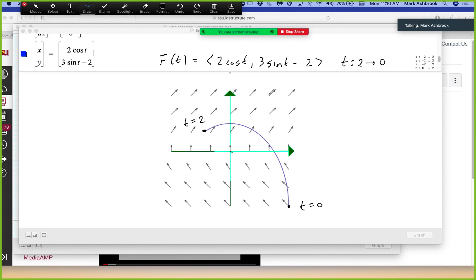Oh no, t equals 0 is positive 2, right? Okay, so yeah, t equals 0, it's not negative 2, it's positive 2. All right, I'm back. I'm understanding it. So this is the path: 2 cosine t, 3 sine t minus 2 as t goes from 2 to 0. So t equals 2 is here, and 0 is here.